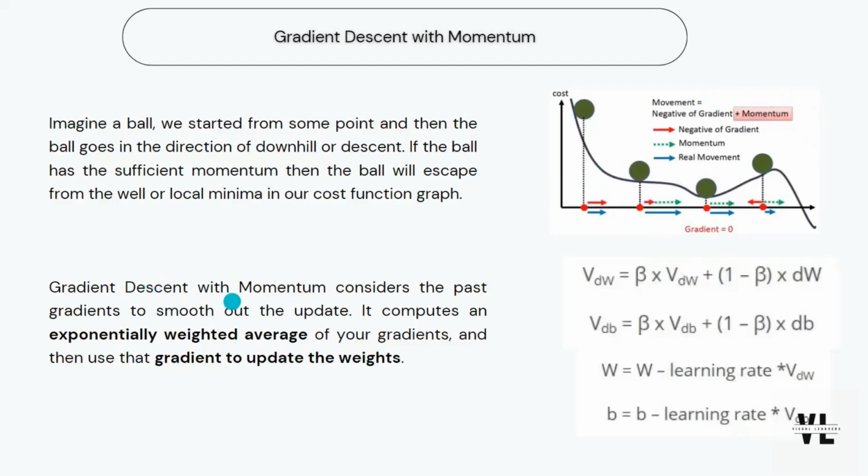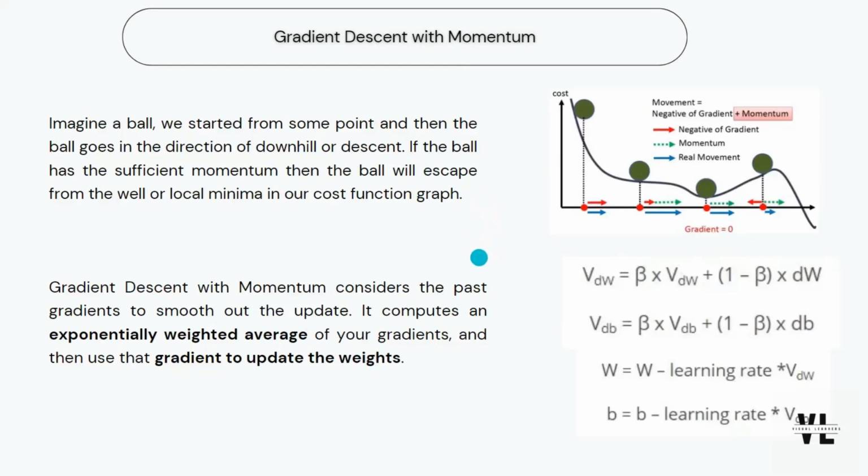So gradient descent with momentum considers the past gradients to smooth out the update. The previous gradient descent algorithms that we used do not consider the previously computed gradients when computing the new gradients. But by using exponentially weighted averages, we have seen how to consider the temperature for the previous days when computing the average for the current day.